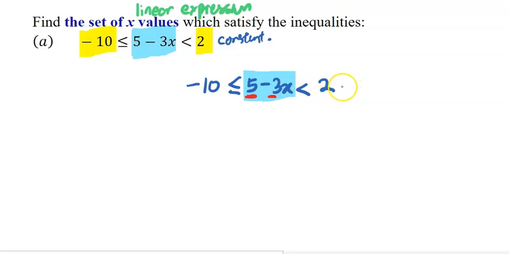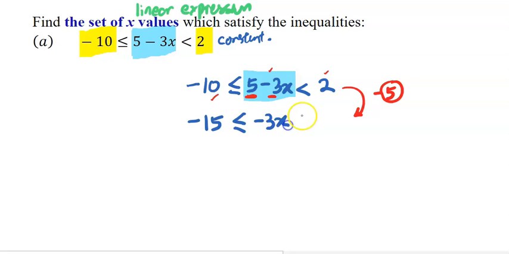To do this, we start by subtracting 5 from each part. So the next step, I'm going to minus 5 on each of the parts. As a result, minus 5, I have -15. Less than or equal, the inequality sign follows through. So the 5 is gone, and it becomes -3x. 2 minus 5, I will have -3.